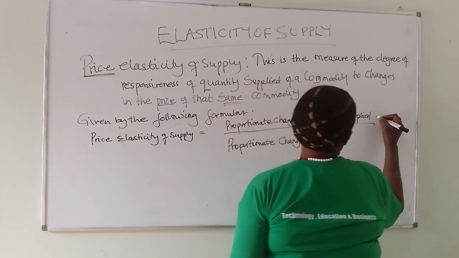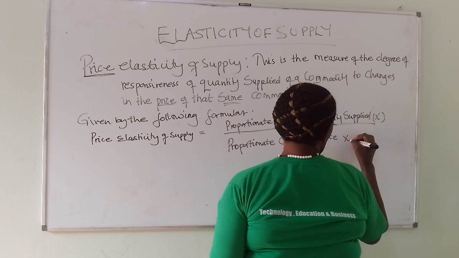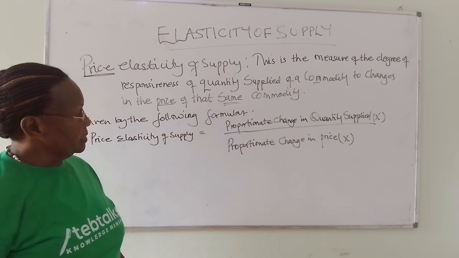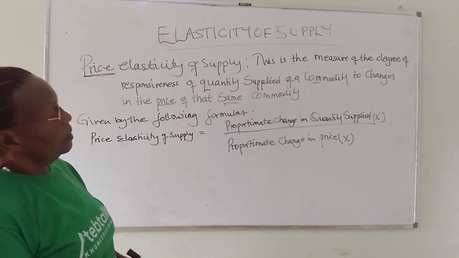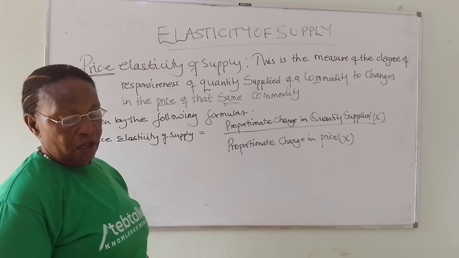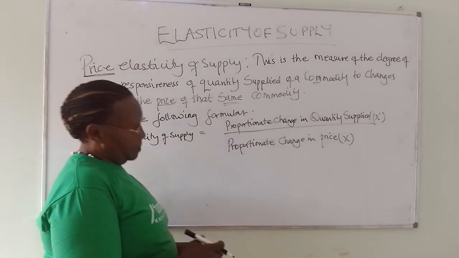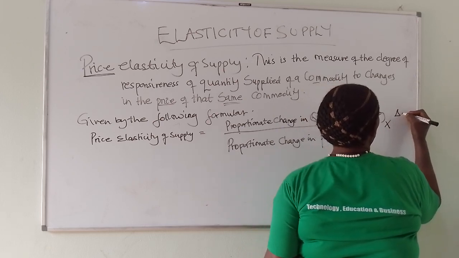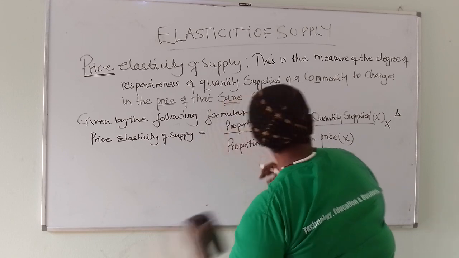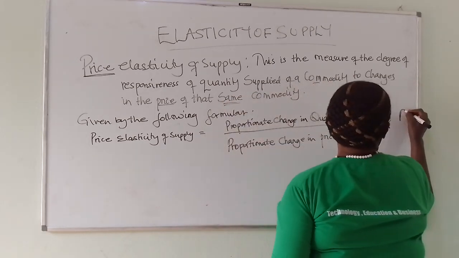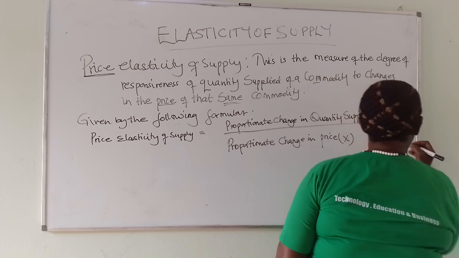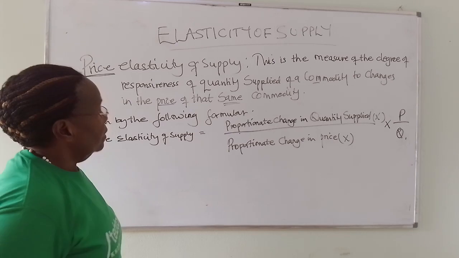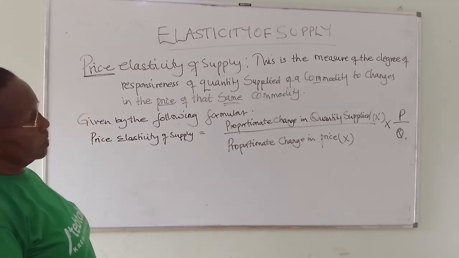So if quantity supplied is of commodity X, again here it has to be the same commodity X. It is commodity X whose price is changing proportionately, and then you try to find out the amount that is supplied, and here we multiply it by the original price over original quantity. So the value you get will be giving you the degree to which the response has been.